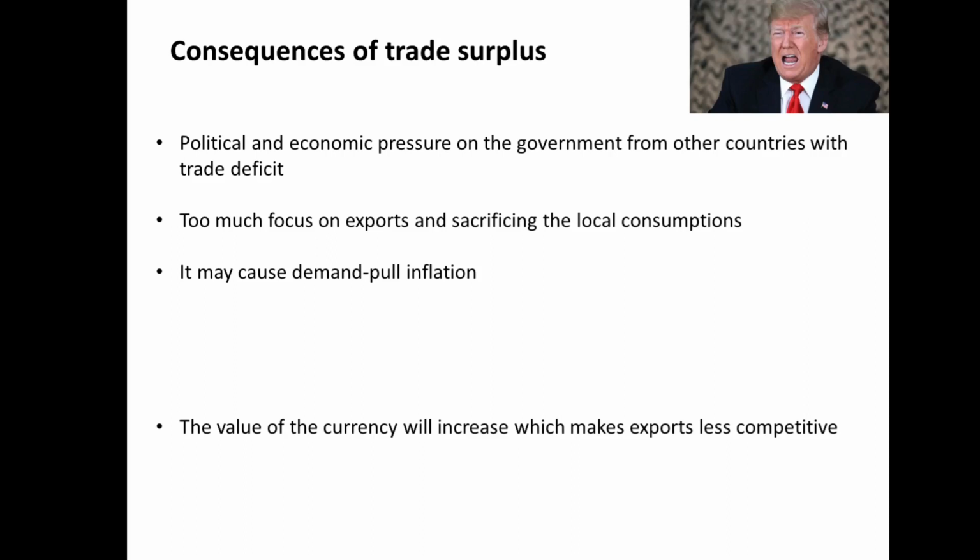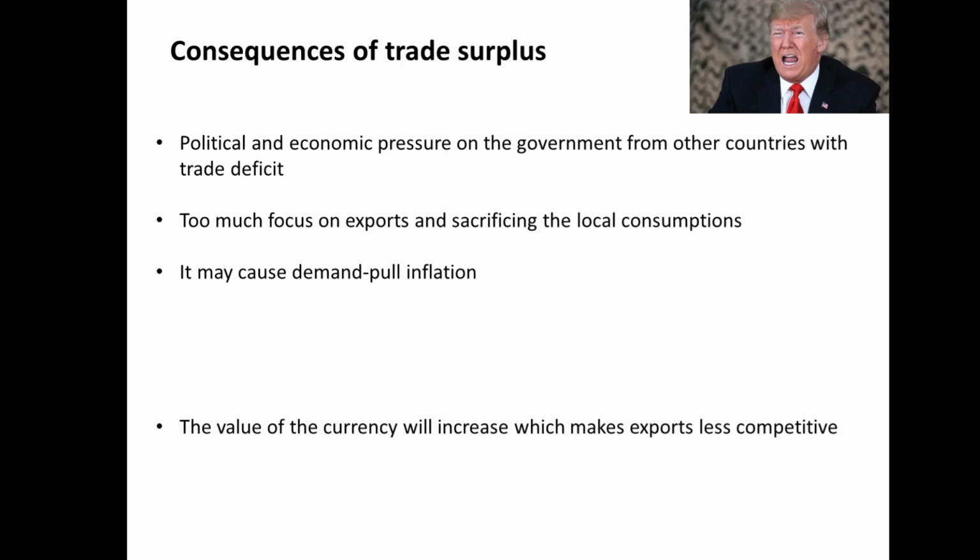So take a look at this. There will be some political or economic pressure on the government from other countries. With trade surplus, the U.S. is one of them. When you think about China, China has a very large trade surplus, and it has been going on for so many years.